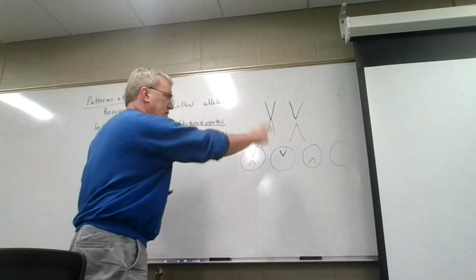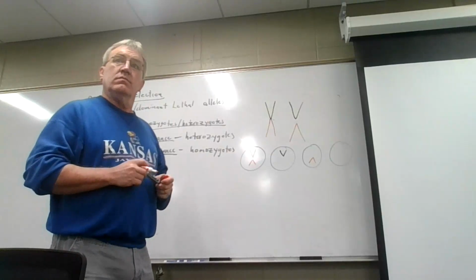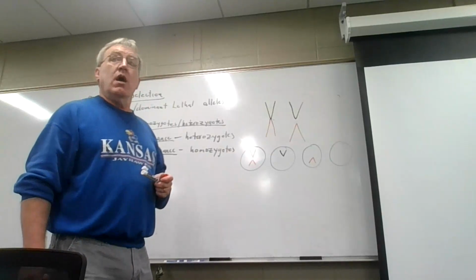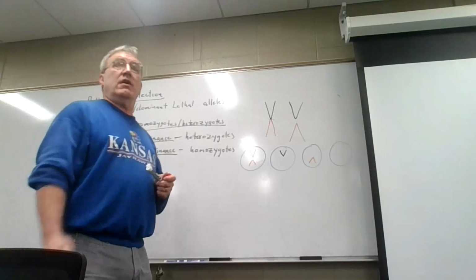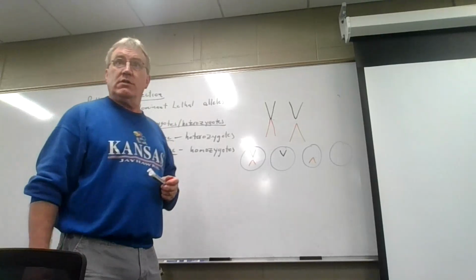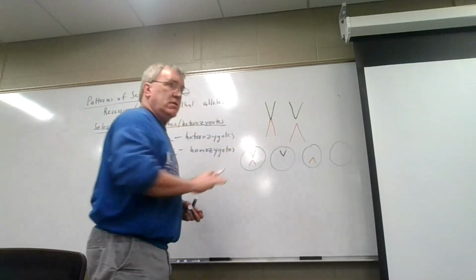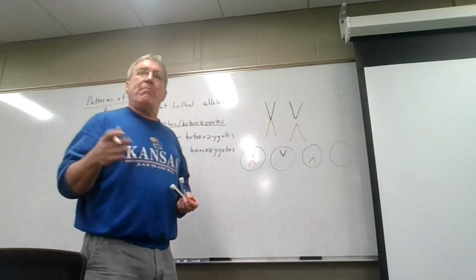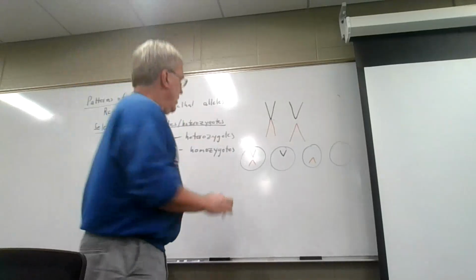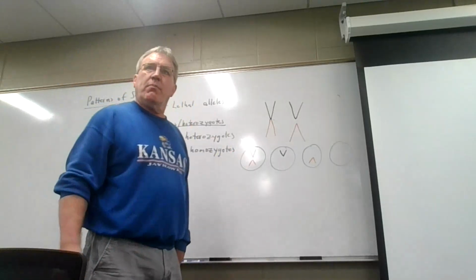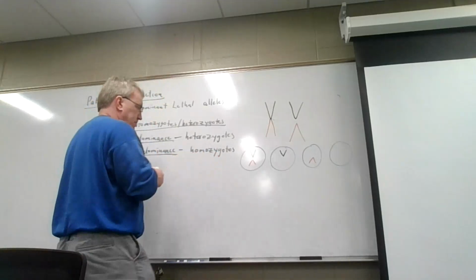Or you can end up with gametes that get neither of them. Yes? You said mitosis. Mitosis. But understand that it's during mitosis that this happens, and then if it happens in the stem cells for making gametes, these are the possible gametes you can end up with. Yep. You with me?